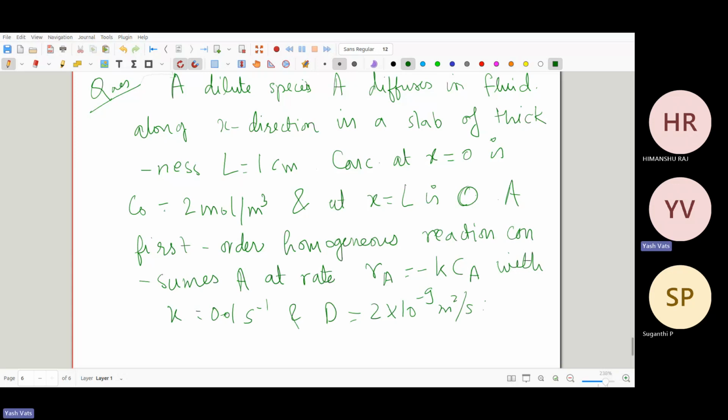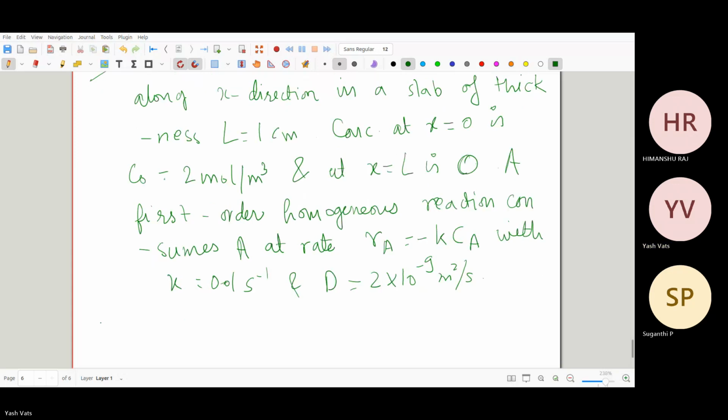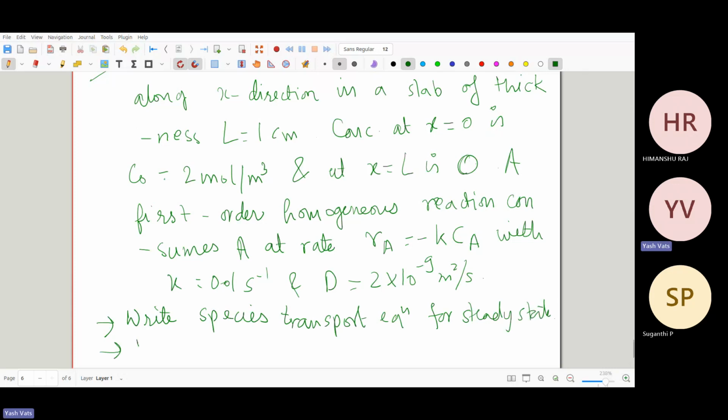So write a species transport equation for steady state. You know what steady state means, and find the value of CA.